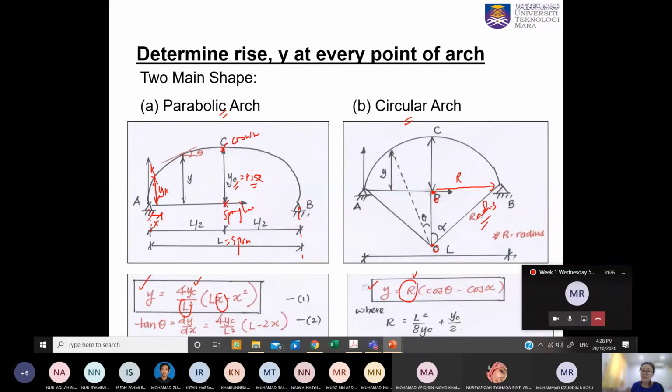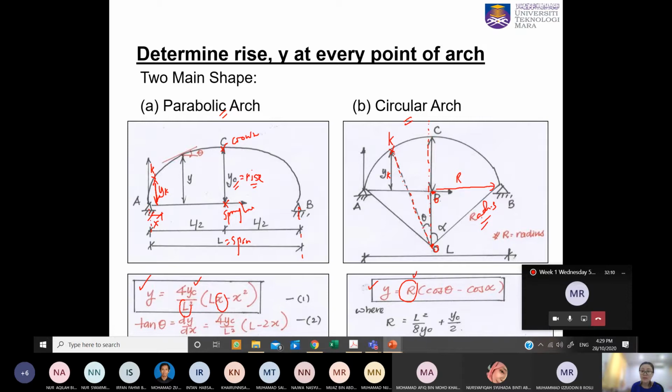How to get the angle theta? Let's say you want to find the height at K, which is the YK. You need to join K to the center of the circle, which is O. Then from this O you draw a straight line going to your crown.